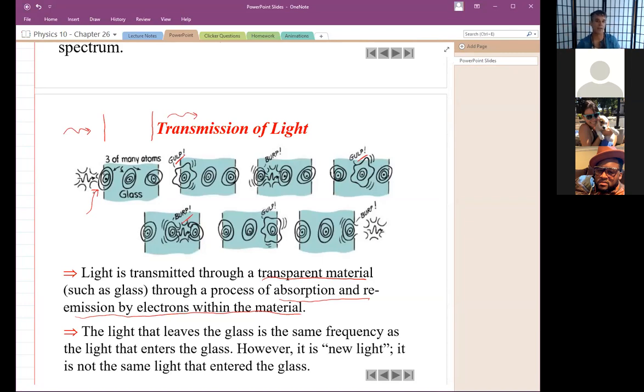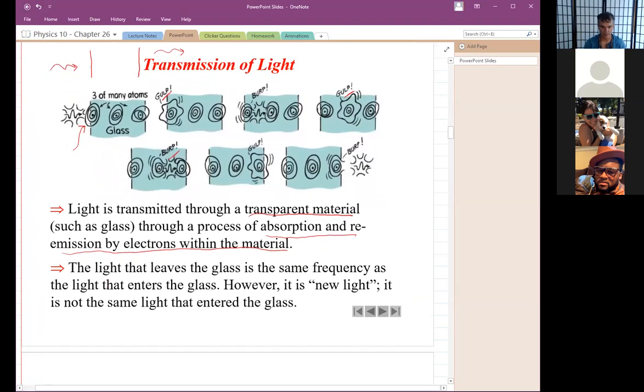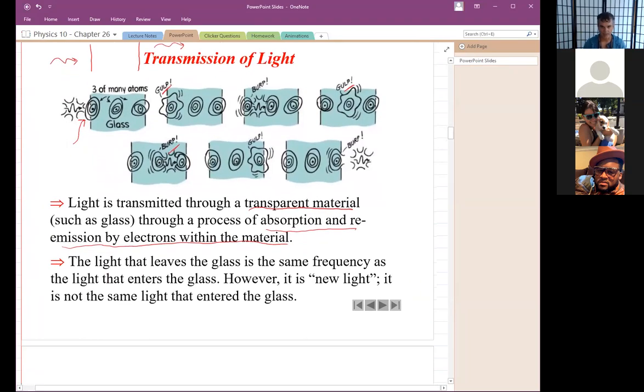That new piece of light did not exist before, but it has the exact same frequency, the exact same wavelength as the original piece of light. So, kind of a cool concept. The light that leaves the glass has the same frequency, however, it is new light. It's not the same light that entered the glass.